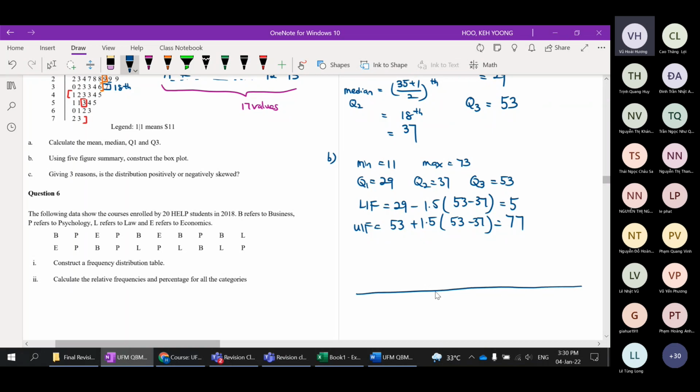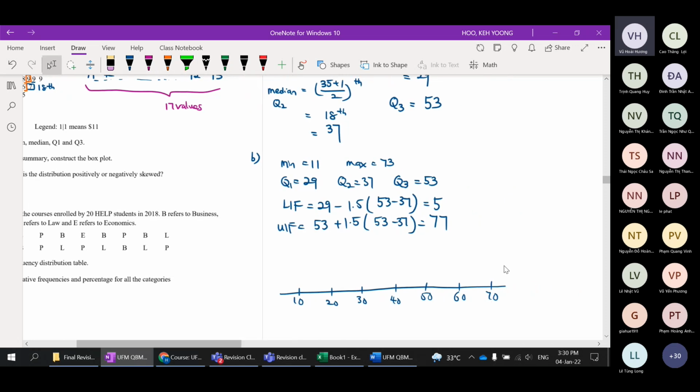Draw the measurement scale first. Then draw the vertical lines to form the box for Q1, Q2, Q3. Label the values below the box.